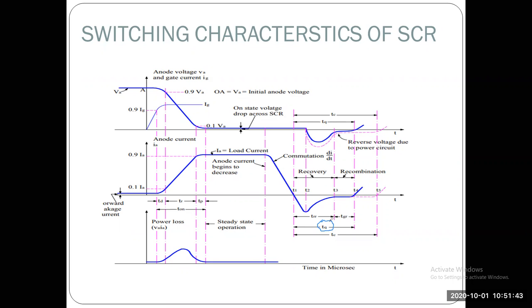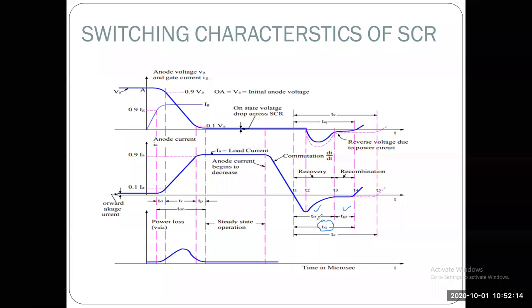If you see the graph, you can clearly observe that the turn-off time TQ is split into two types: TRR, reverse recovery time, and TGR, gate recovery time. So the total turn-off process of the SCR is classified into reverse recovery time and gate recovery time.